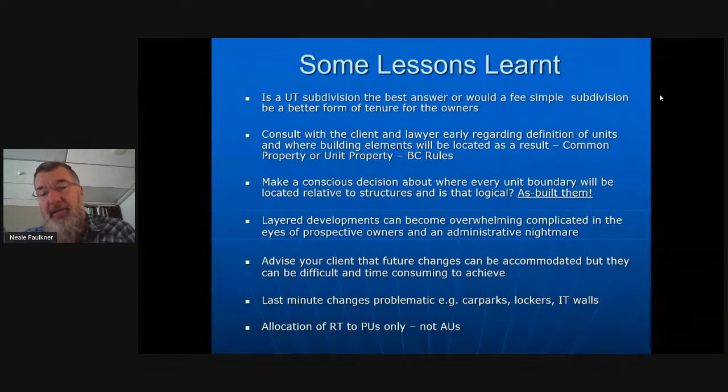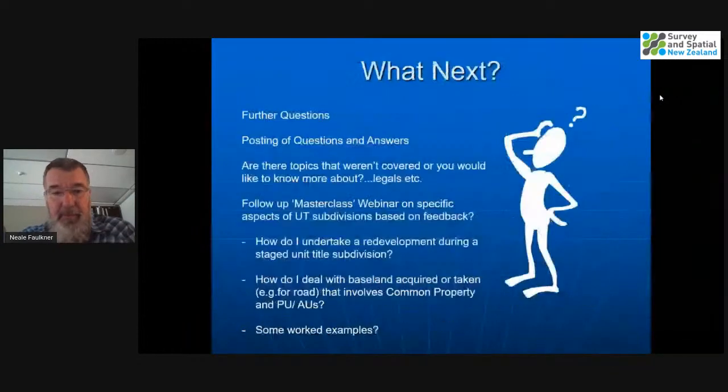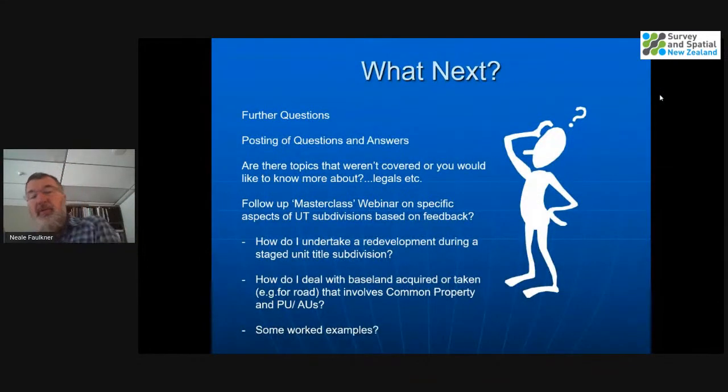So if you've allocated the title reference to the AUs as part of your eSurvey dataset and it gets approved as to survey that way, it's a real problem later on if those AUs are then to be associated with a different principal unit and therefore a different title. So a good rule of thumb is to allocate the title references to the PUs but not to the AUs.